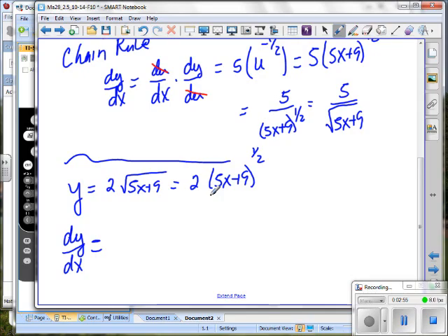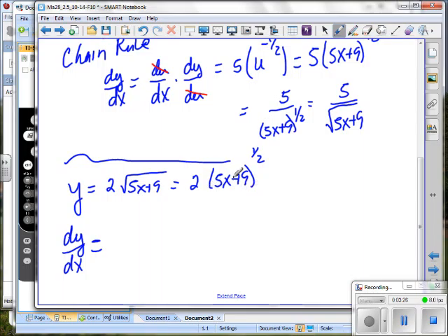What's the first thing I do in this function, and what's the last thing I do? The first thing I do is my inside function. The last thing I do determines my outside function. So what's my outside function? So my outside function is taking the square root of something. Is that what you said?